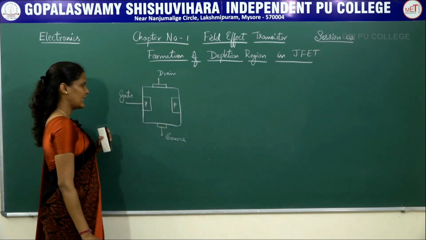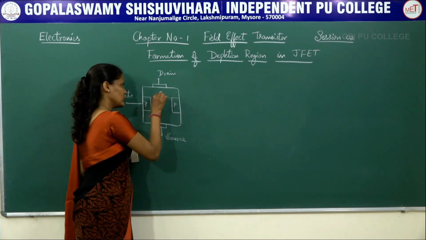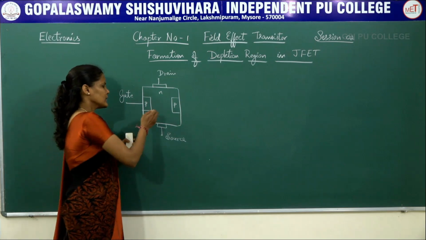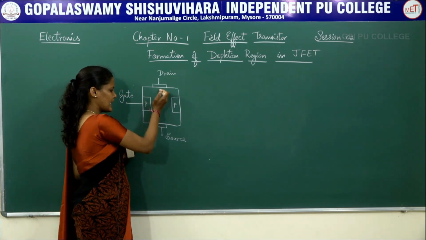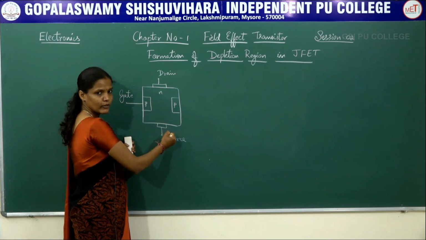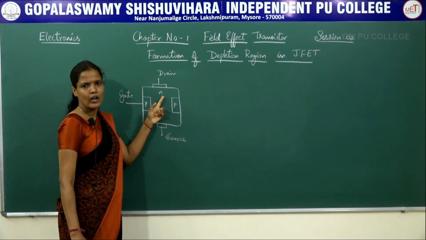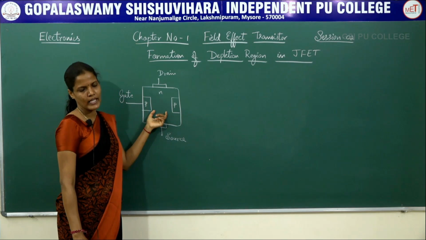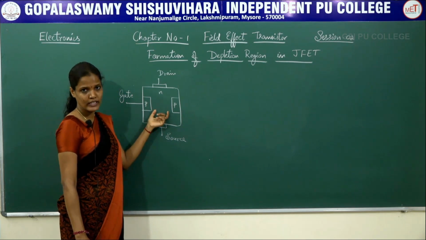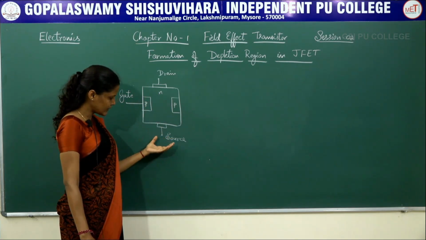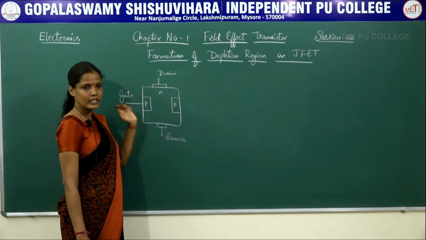In this diagram, this is the N channel, the channel through which the charge carriers will flow from the source to drain. The N type semiconductor has electrons as the majority charge carriers, so the electrons will flow from the source to the drain.